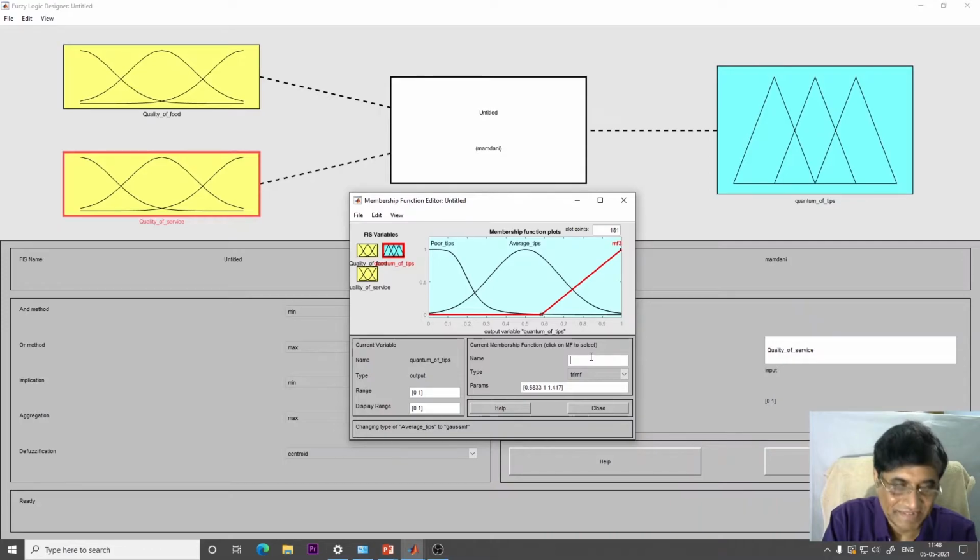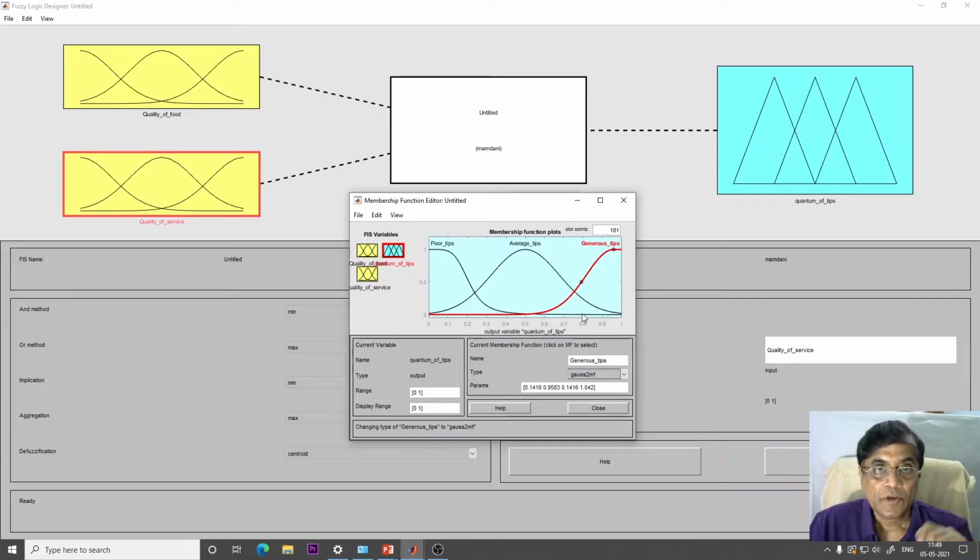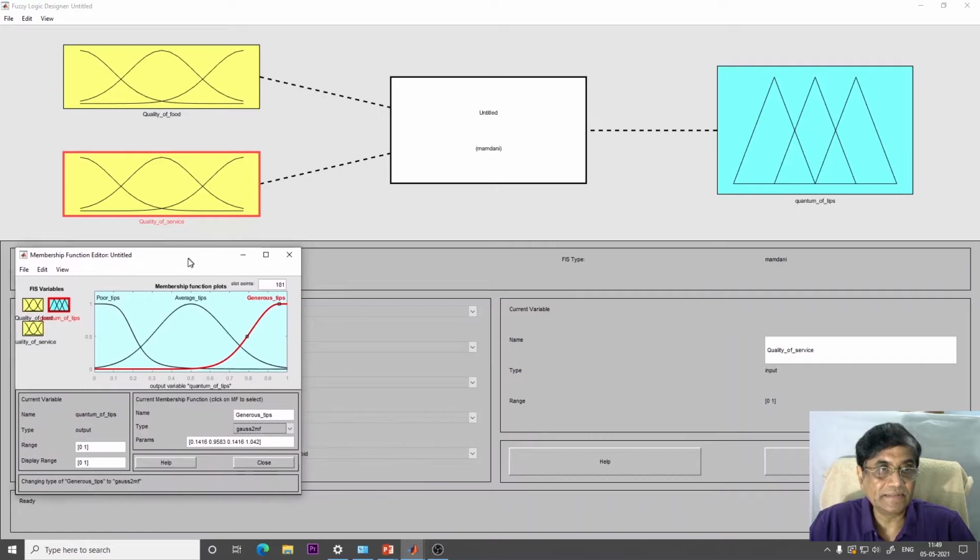Excellent means I'm so happy with the food quality and service that I'm giving more than enough tips, generous tips. So all my inputs and output have been characterized or fuzzified.